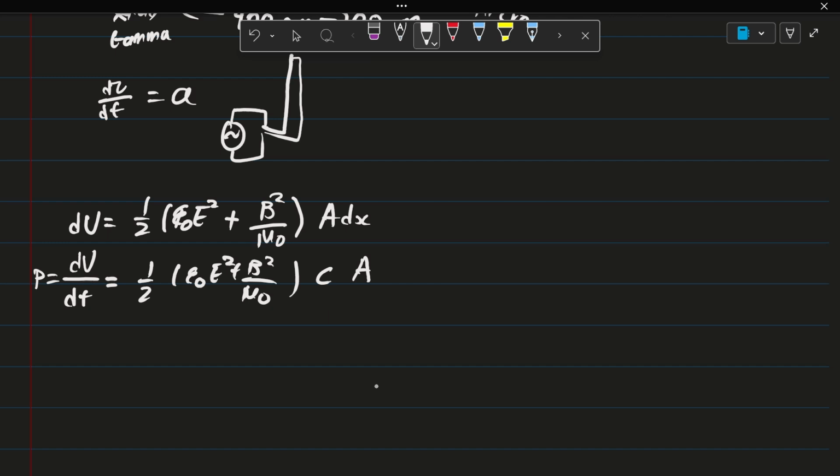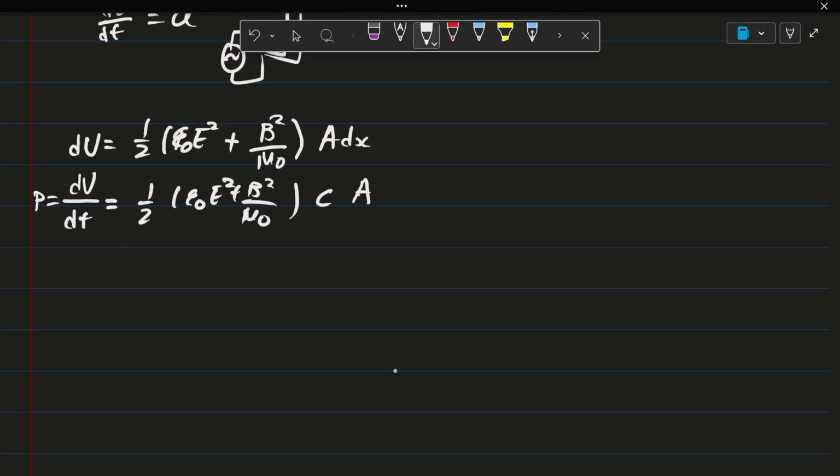I'll denote this as the speed of light, multiplied by the area. Now we could make this more general: let's make this P over A, that's power over area, and this is what we call the intensity S. So this value will be c over 2. Actually, we'll put the mu 0 outside, and put the c inside. What you would get is c mu 0 epsilon 0 E squared plus B squared.